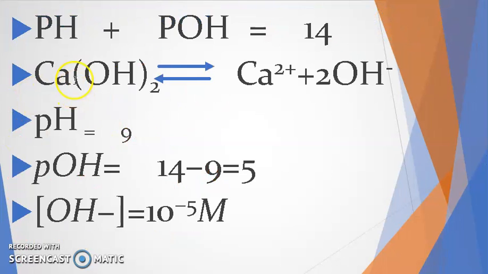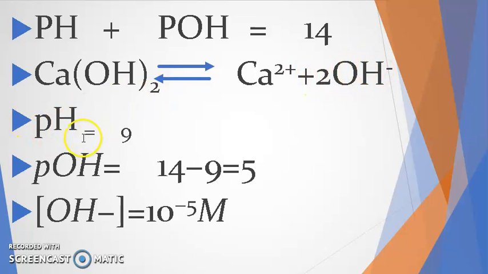We know the general equation, pH plus pOH is equal to 14. In the solution, Ca(OH)2 maintains an equilibrium between Ca2+ and 2OH-, correct?